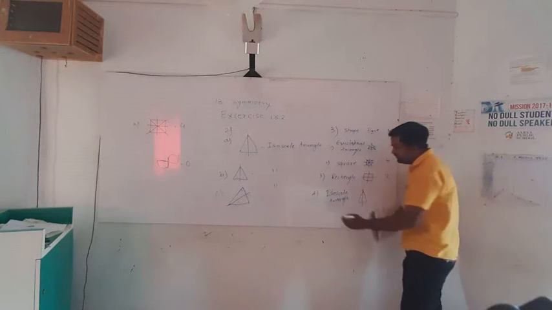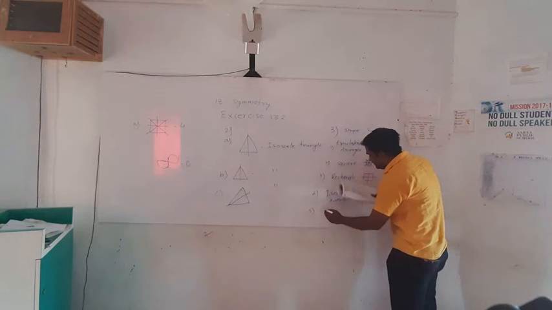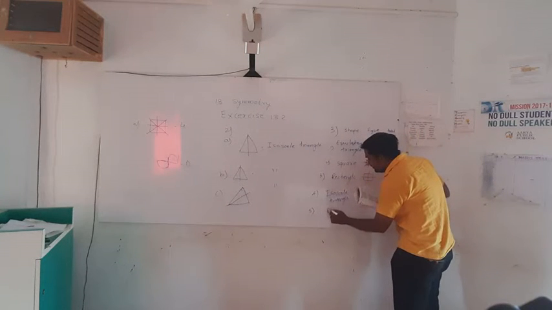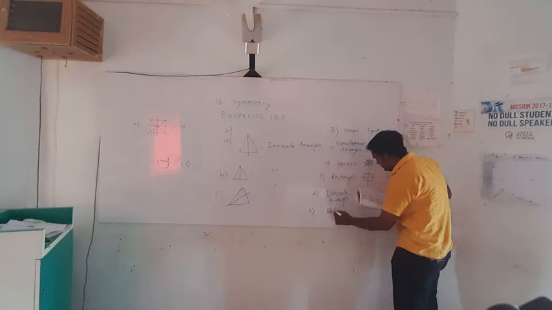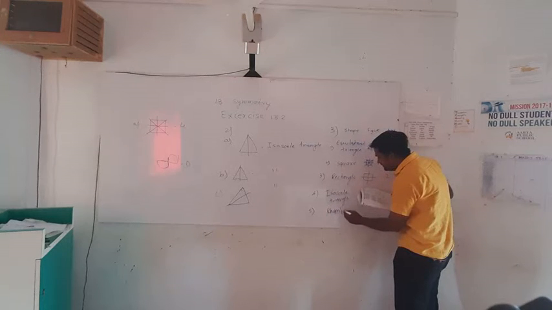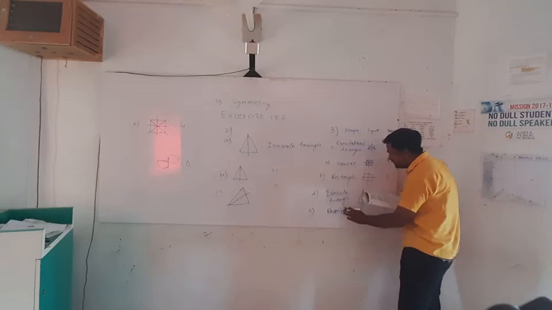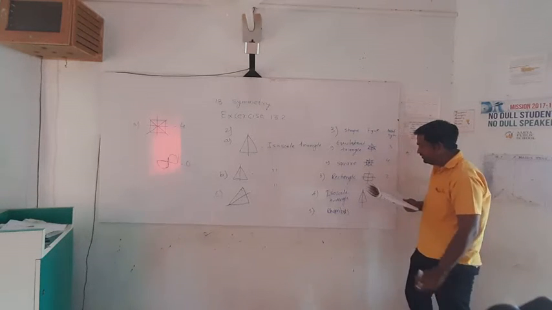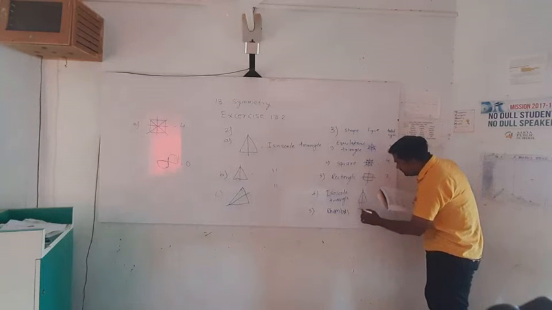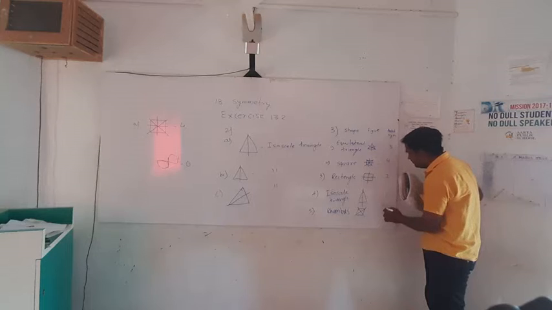Then a rhombus, the fifth one. A rhombus has only 2 lines of symmetry, 1 and 2.